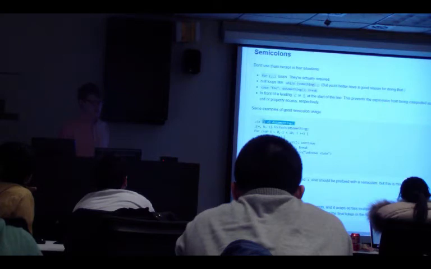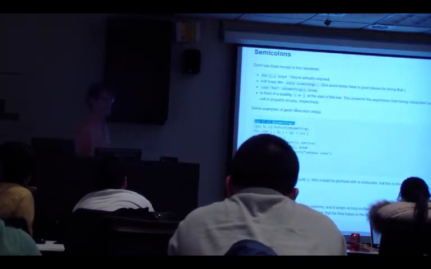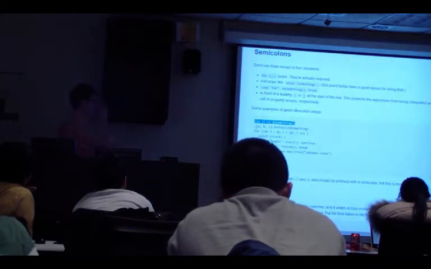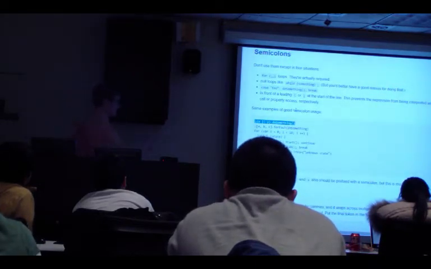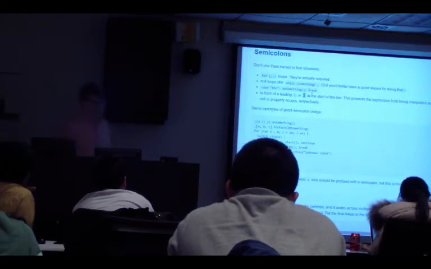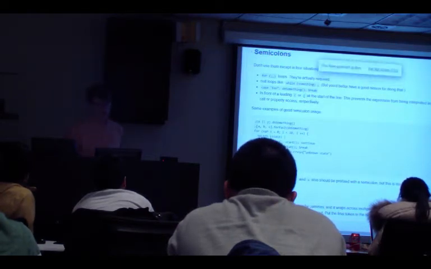The general rule of thumb is if you have a statement that begins with a special character, like a parenthesis, a brace, plus plus, a minus minus, anything like that, you want to guard that statement with a semicolon. And if you do that, you will be safe.